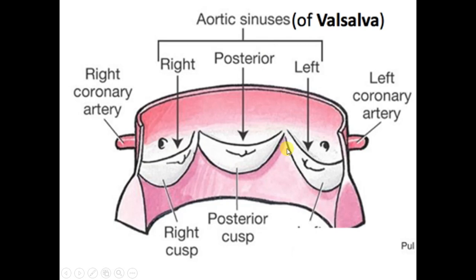The sinus itself is guarded anteriorly by the cusp, and posteriorly is the slight dilatation of the aortic wall. This is the aortic valve, and opposite to that will be the aortic sinus.